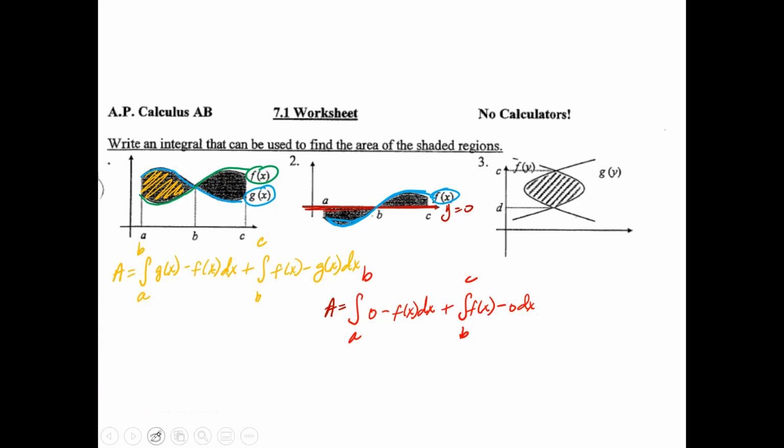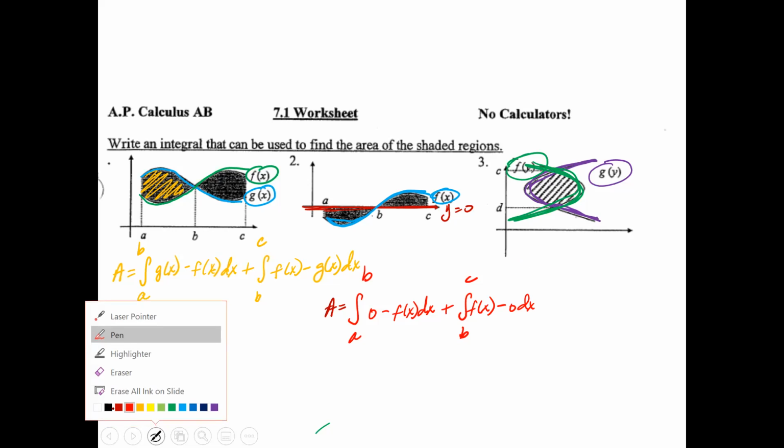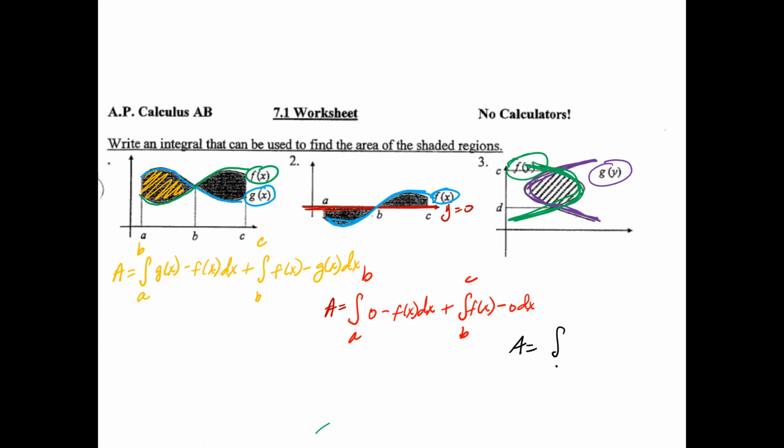All right, then let's go ahead and take a look at number 3. For number 3, you have the left part, which is right here, and this piece is going to be g of y. Then, of course, you have your right piece right here, and that's f of y. So your area is going to equal the integral from, and notice, because you're going right minus left, your integral is always going to be on the y-axis because it's solved in terms of y.